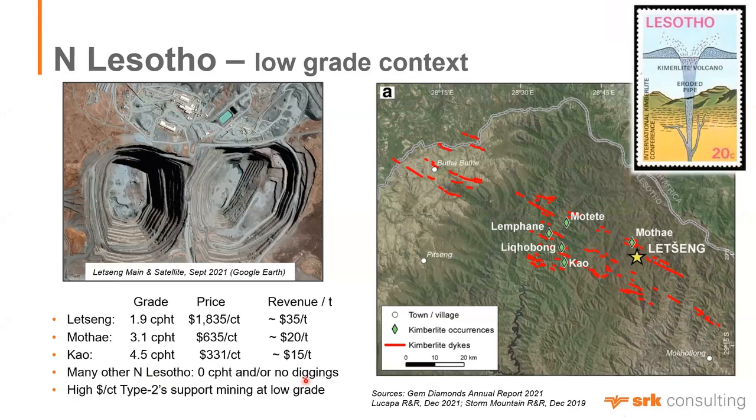I just have a thing on the side here, on the right-hand side. That's a stamp that was issued by Lesotho in 1971, during the time of the first international kimberlite conference. They recognized that in the Lesotho highlands, they had the remnants of kimberlites that were once much larger, had crater facies on top of them, and that they were eroded.